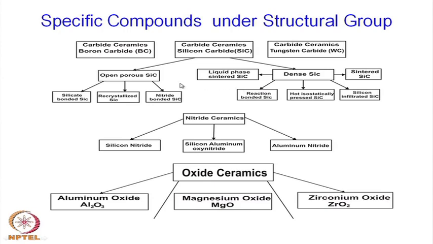Afterwards they can be fabricated following certain routes to get the desired shapes, either in bulk form or in the form of thin films, thick films, or strips, depending on the requirement of the particular application.